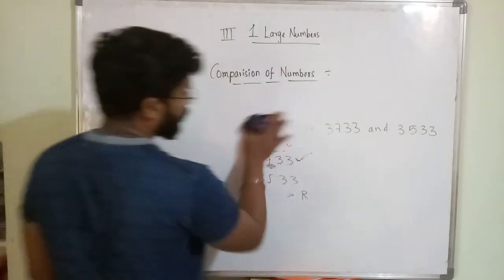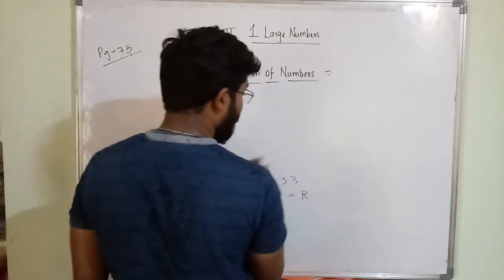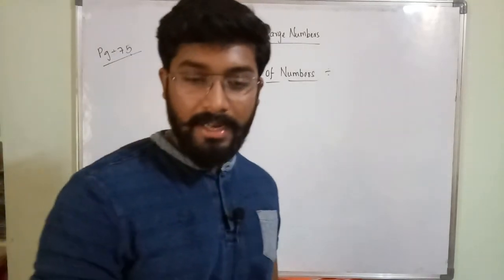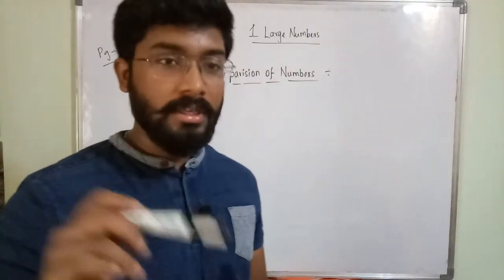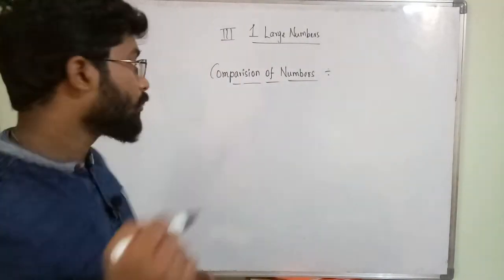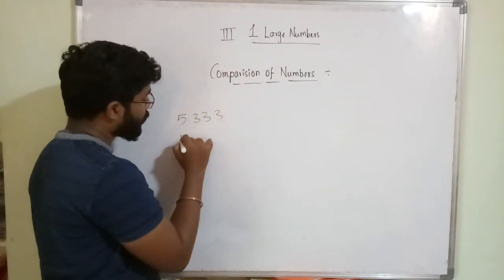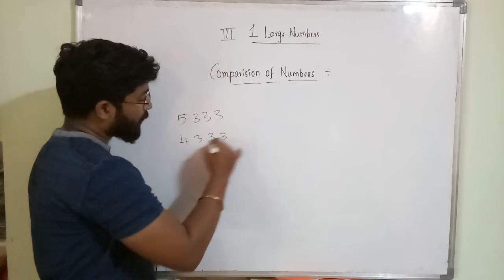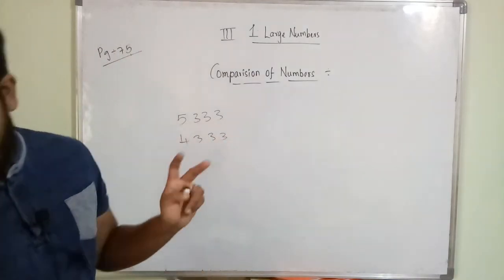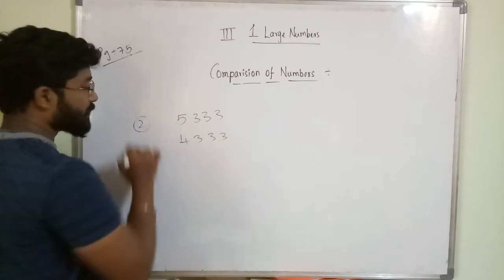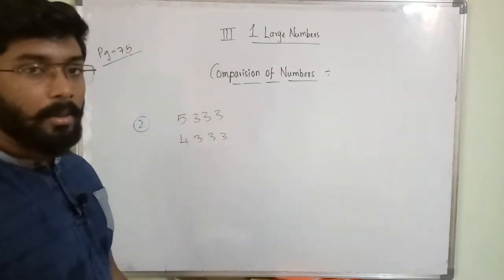If you see the second example, the comparison between 5333 and 4333, you can check it according to two statements. According to the second statement, the number which comes later on the number line will be greater.